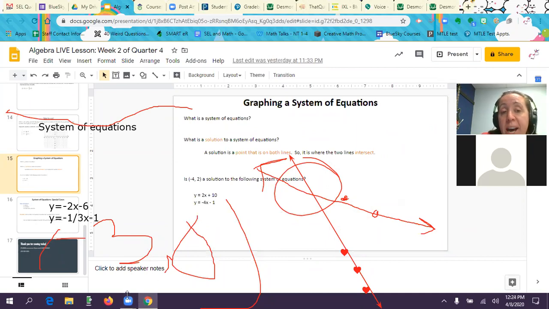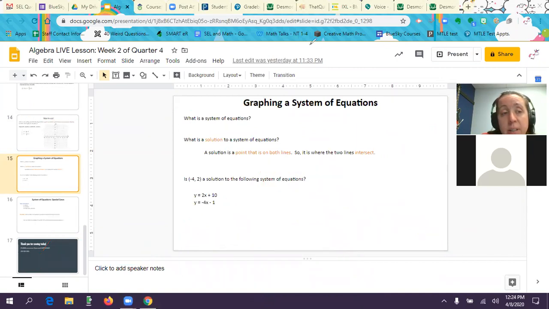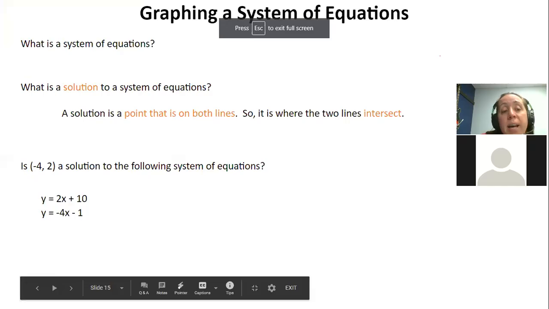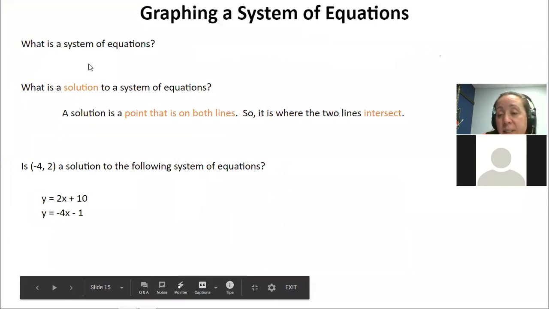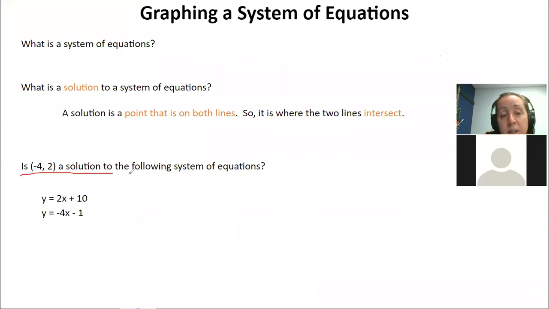How would you check if something is a solution? So look at this one, guys. Last question. How would you check if that's a solution? What do you guys think we would do? Graph the lines. You totally could.